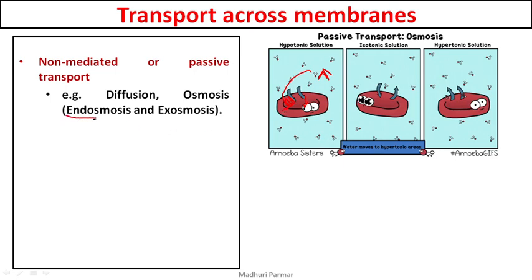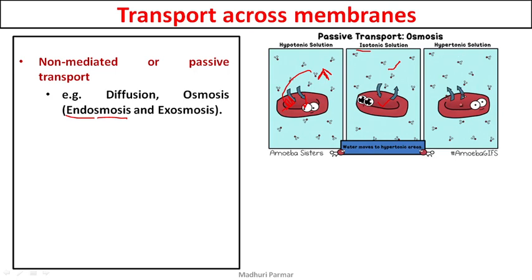Endo meaning inside, and osmosis, water moving inside the cell. Then if the concentration of water outside and inside the cell are the same, there will be no net exchange of water. This is called isotonic condition. Iso means same. And then finally you have hypertonic solution.